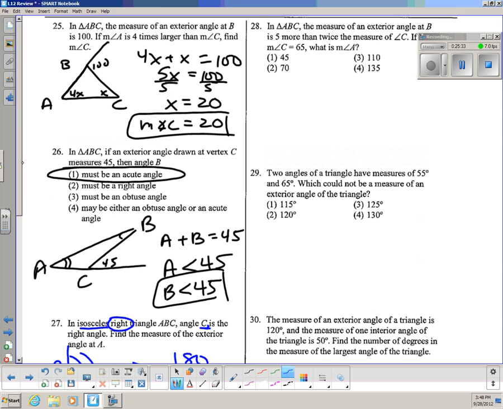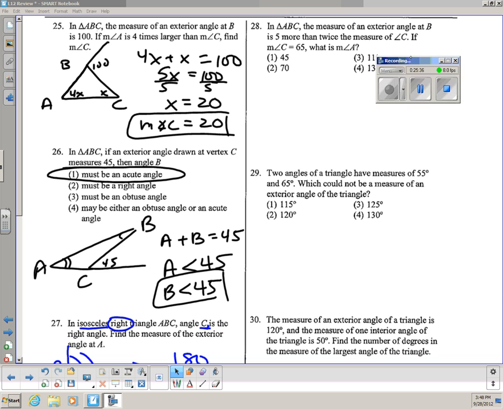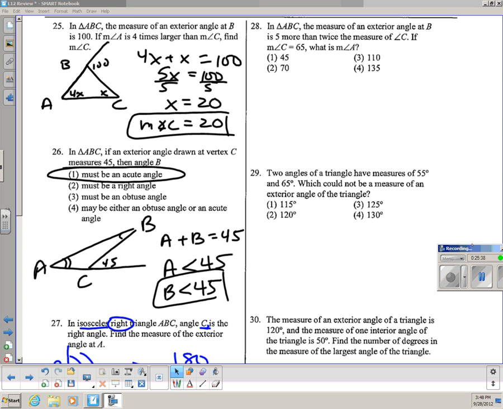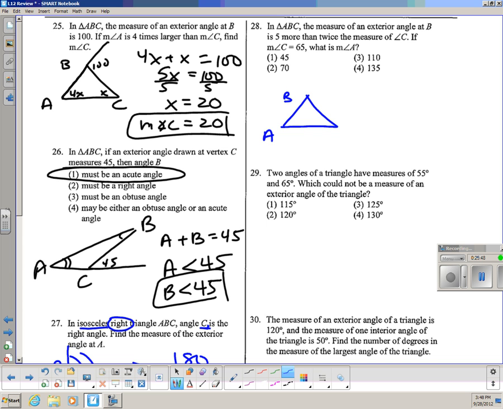Number 28 says, in triangle ABC, the measure of an exterior angle at B is 5 more than twice the measure of angle C. So again, we can draw our triangle. Here's ABC. The exterior angle at B, so I'm extending one of the line segments at B, is 5 more than twice the measure of angle C. So angle C is x, and the exterior angle B is 5 more than twice that.